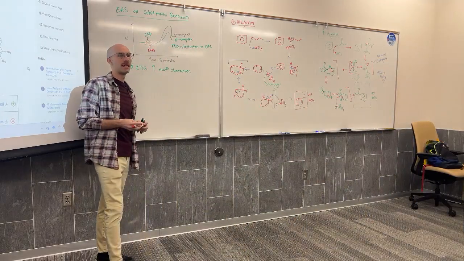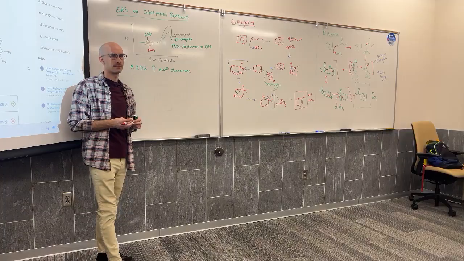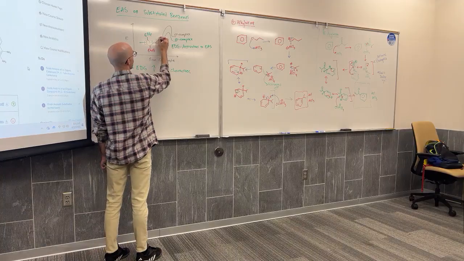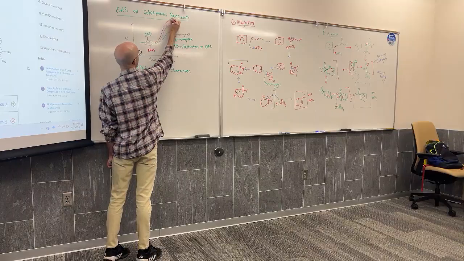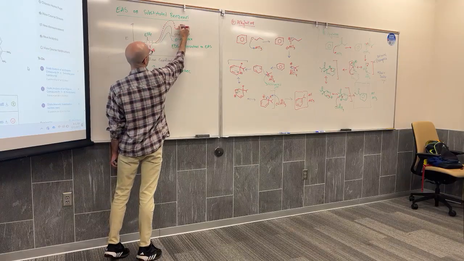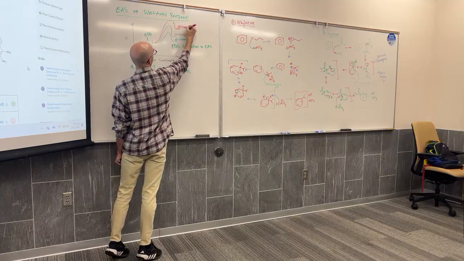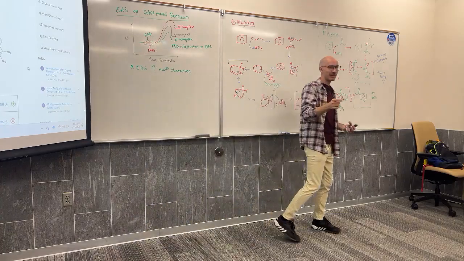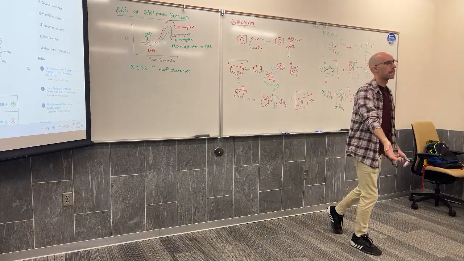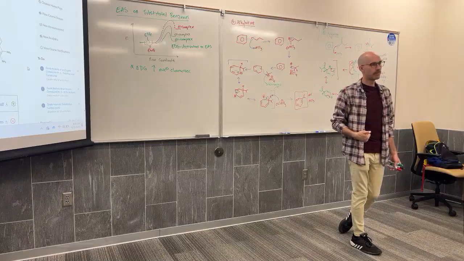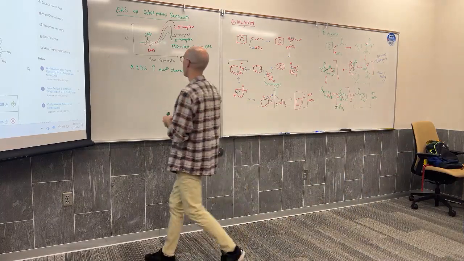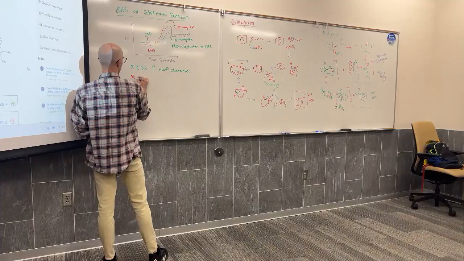What's going to happen with my electron withdrawing groups? Electron withdrawing groups do what to the ring? They pull electron density out of the ring. Well, the ring needs that electron density to be a nucleophile. So if the electron withdrawing group pulls it away from the ring, then the ring has less nucleophilic character.